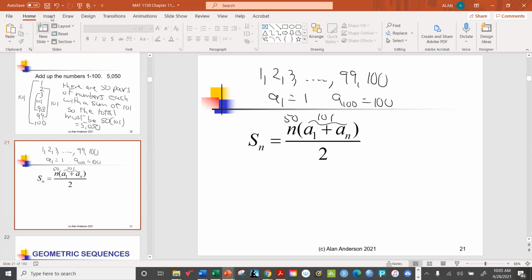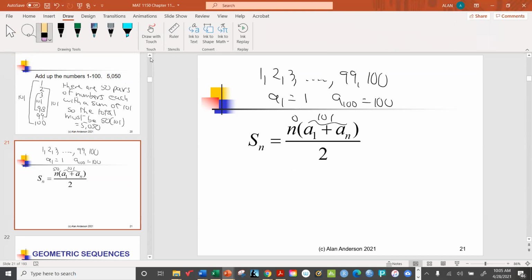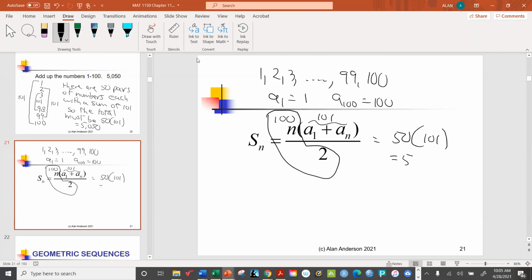Well, actually, wait, let me draw this again. It's 100 here, but when you divide that by 2, you actually end up with 50 times 101, which is 5,050. So that's the basic logic behind this formula. You're basically adding up the first and the last numbers, and the number of pairs that you have is equal to n over 2. So therefore, the sum would have to be 50 times 101 using our formula.